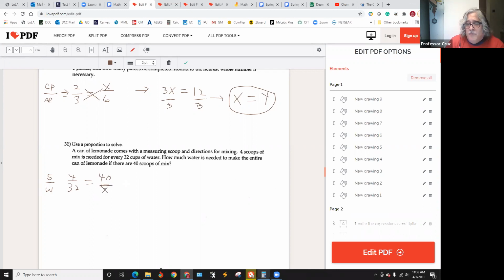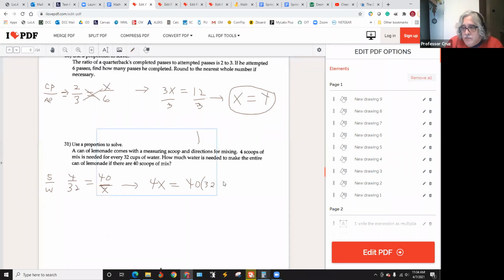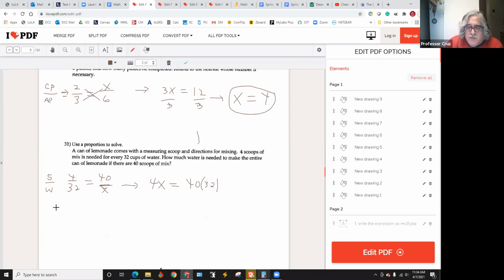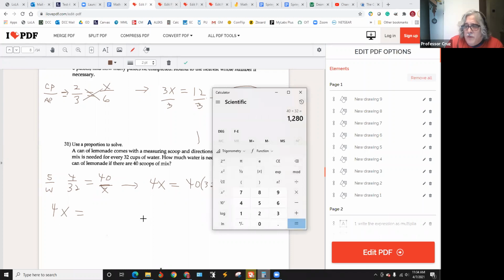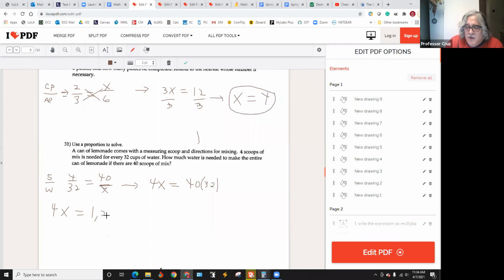So the bottom is the water. So 4x, and then 40 times 32 is 1,280.